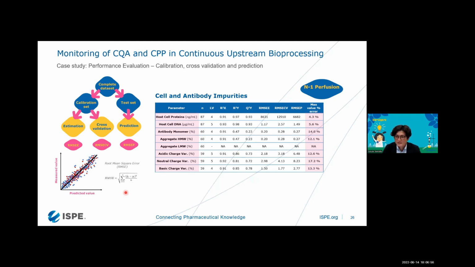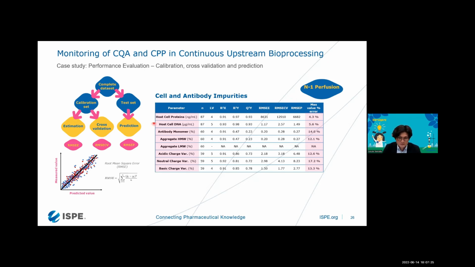This slide shows the result of the chemometric modeling for the quality attributes. Detecting impurities by Raman is challenging compared with the other process parameters because their concentration in cell culture is very low, so the effects on the intensity of Raman signals are masked by other higher-concentration molecules such as glucose and cell numbers.